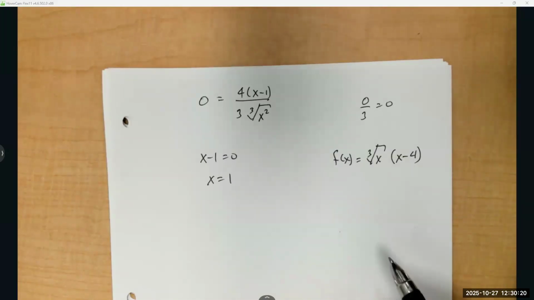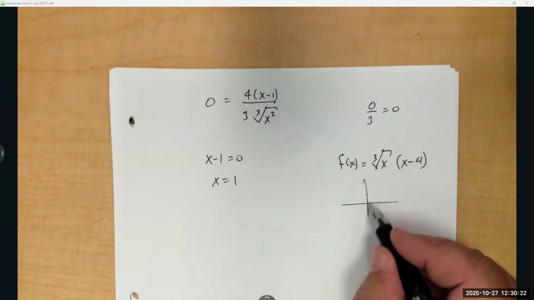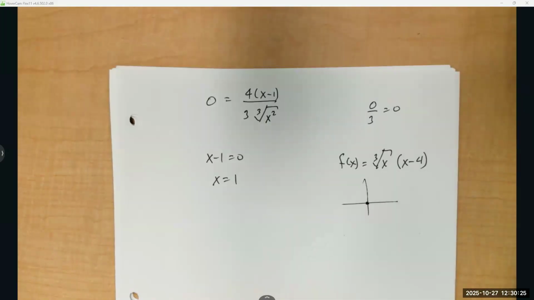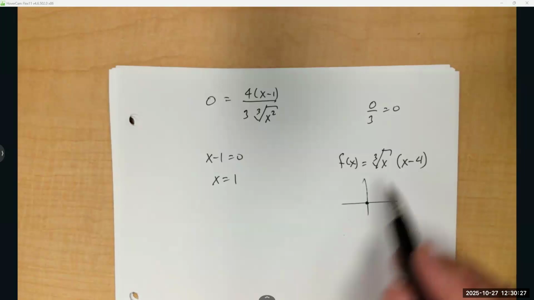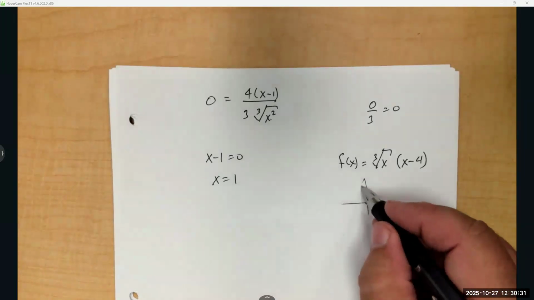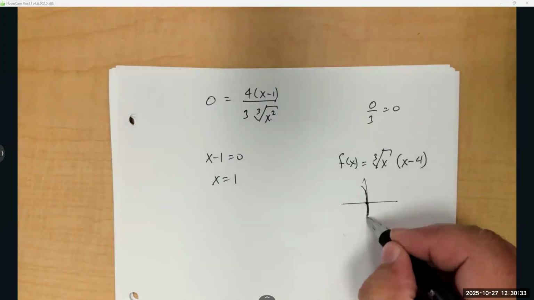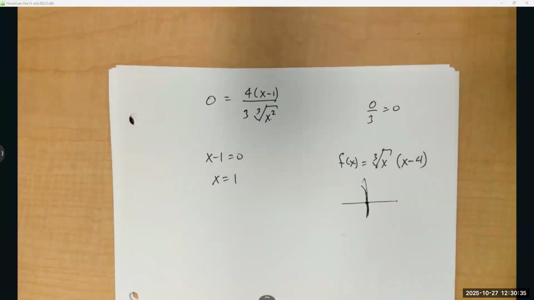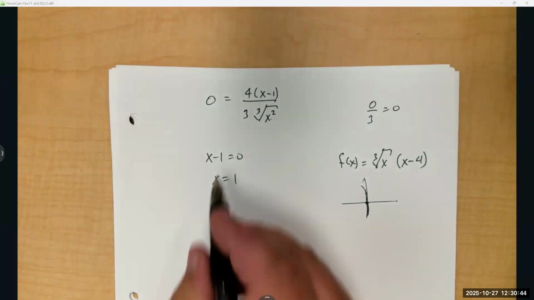So it goes through the origin for sure. We know that at 0, the function is 0. But because at 0, the slope is undefined, we know that it's a vertical slope at that point. That has another cause next chapter or section.